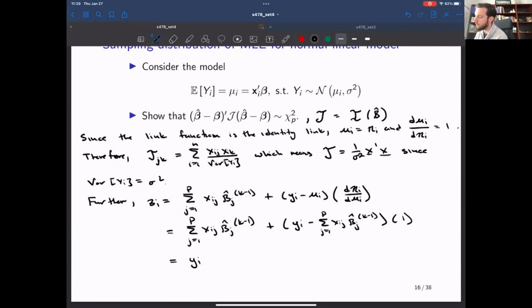I'll have to go back and review this, but the general form is given in the first line, so this is the open form. Now the derivative here is going to be equal to 1, so we can replace this with a 1. Then mu from the model stated above is also estimated by the sum of xij times beta j, so this portion cancels out. We multiply by 1, and now we have zi is equal to yi.